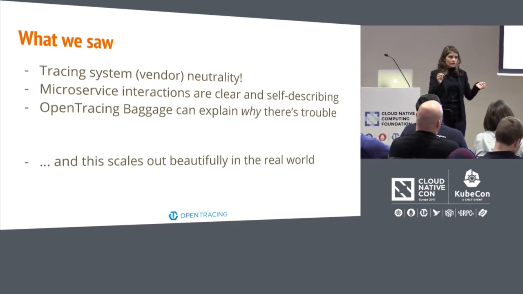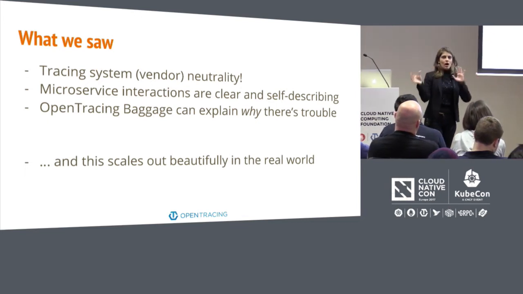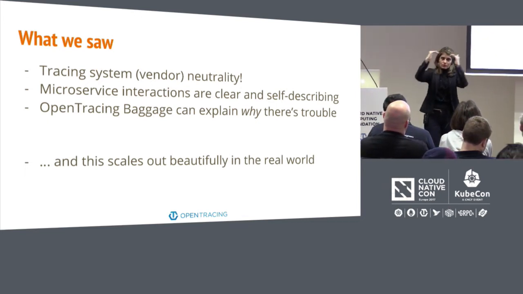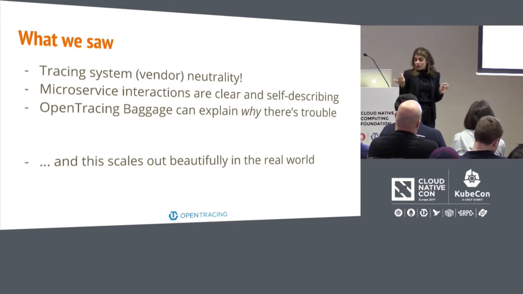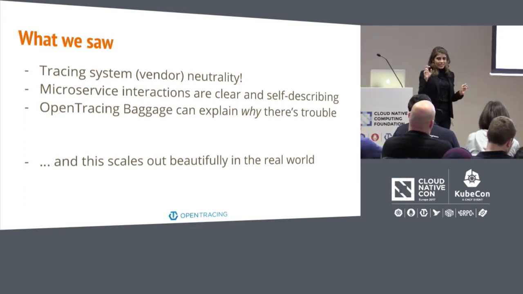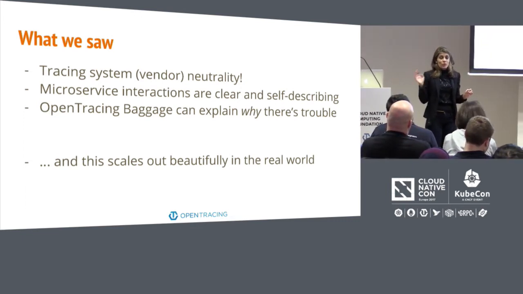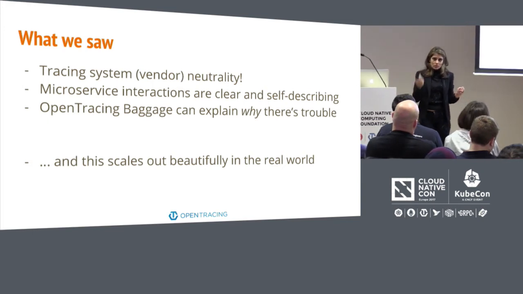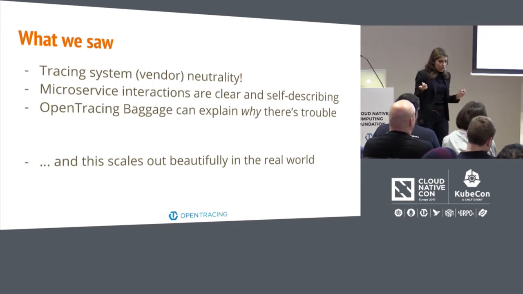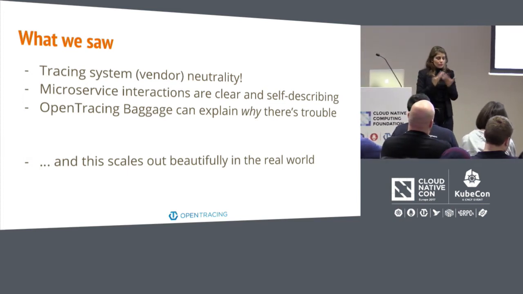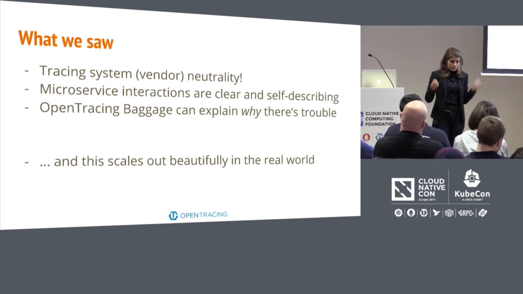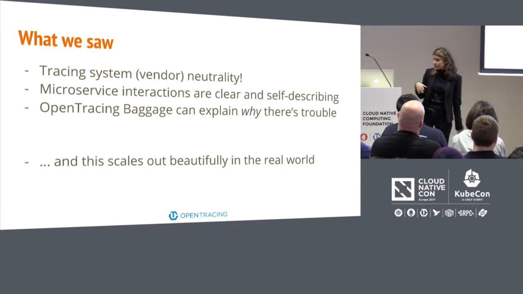Then you also saw how the microservices are interacting, what comes first, what comes next, what's the story. And the baggage tidbit that I added was able to tell us why there was trouble. There was an issue with the cinnamon, and that was locking things up. So using these tools, people can beautifully scale out this visibility into the real world.